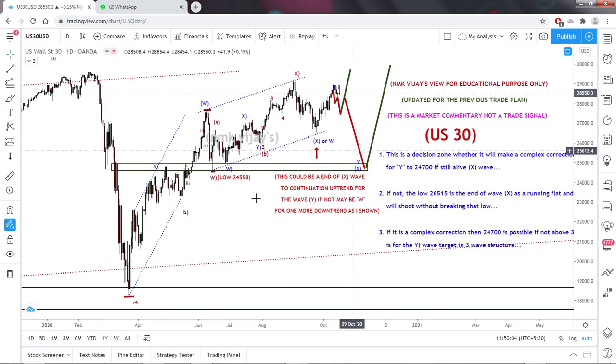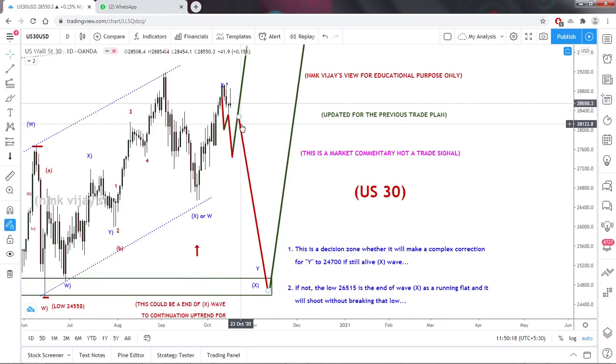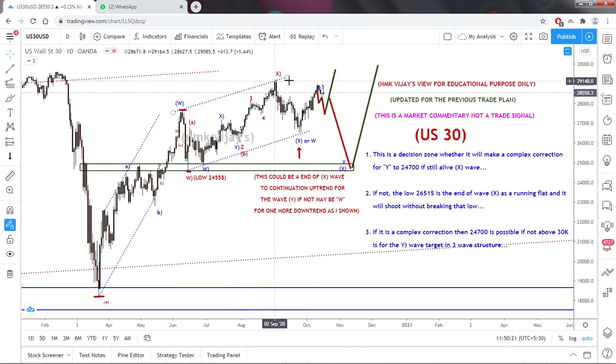This thing A, B, C is a W. So either this is an X or A is completed, meaning it has to shoot from here. But there are a lot of chances, I already did this last week itself, if it doesn't break this high, there is a lot of chance to make one more low to the 24,800 zone, and then again it has a chance of making a higher.